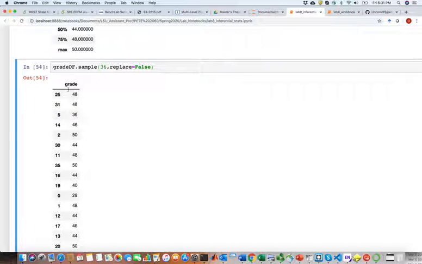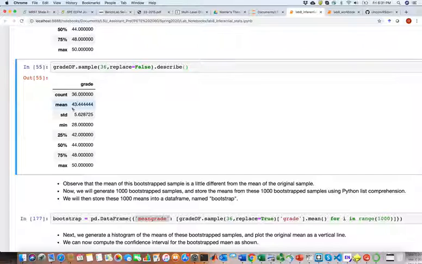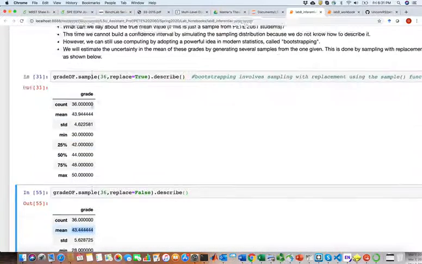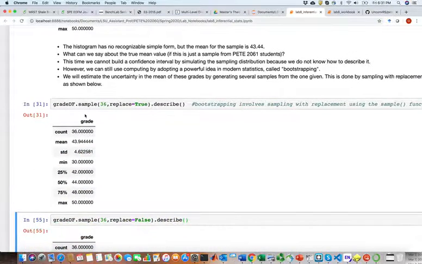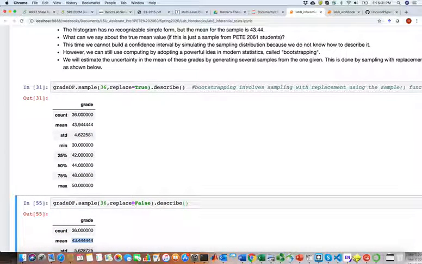So if you were to find the average on this, it will be identical to the original average because it's the same scores in there. So if you use describe on this, it's identical to the original average, which means it just shuffled it. So that's what is important to note. Bootstrapping is all about sampling with replacement. So this has to be set to true.